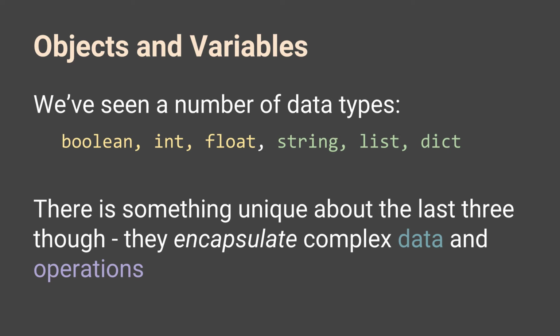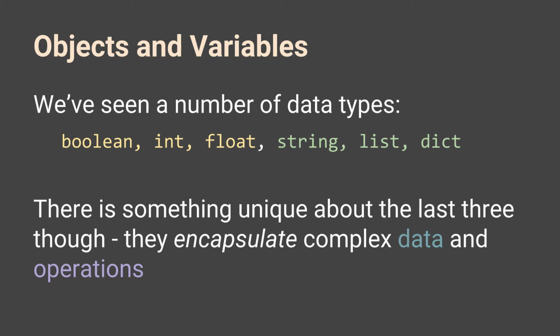So a string seems basic, but really it's a sequence of characters. And if you recall, we've got functions associated with strings. So we can call the find method, we can call the split method, and we've got all sorts of functionality built in to a variable of type string. It's not just data, it's got some operations associated with it.